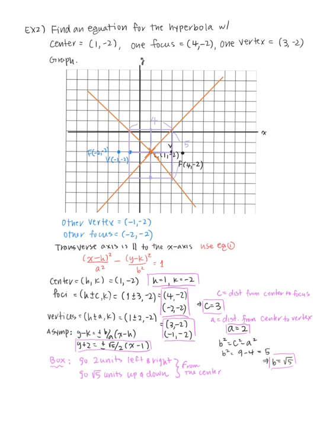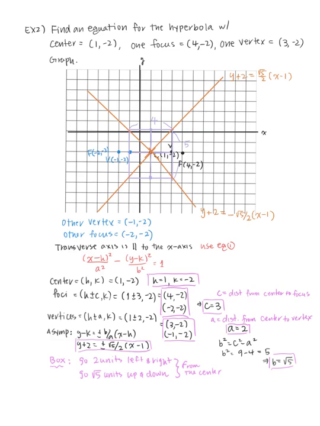Now all you have to do is determine which has a positive slope and a negative slope. The one with the positive slope should be y plus 2 equals square root of 5 over 2 times x minus 1. And the negative slope is y plus 2 equals negative square root of 5 over 2 times x minus 1.